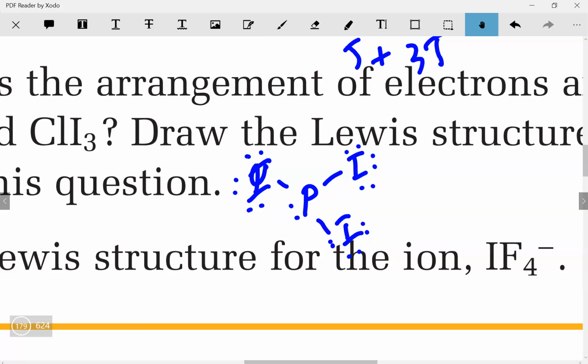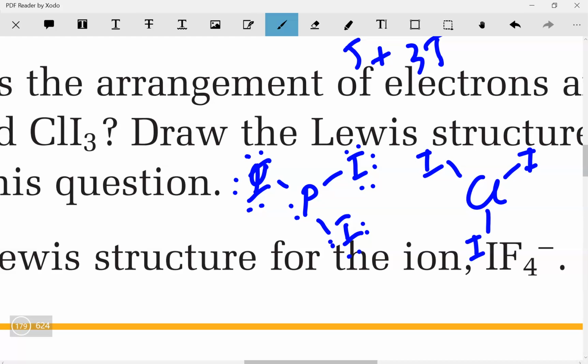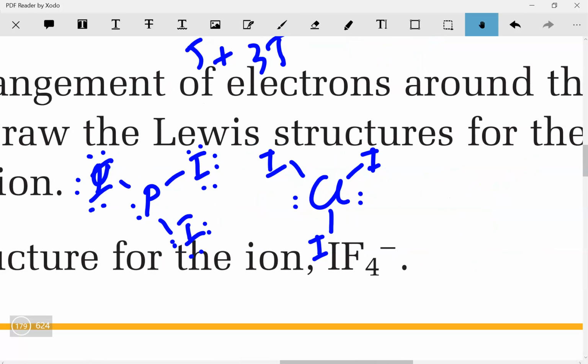So this would be a trigonal pyramidal structure, AX3E, but ClI3 has 2 more, so that would be possibly 2 double bonds around the chlorine. So this is AX3E2, which will actually be a T-shape from our trigonal bipyramidal origin.